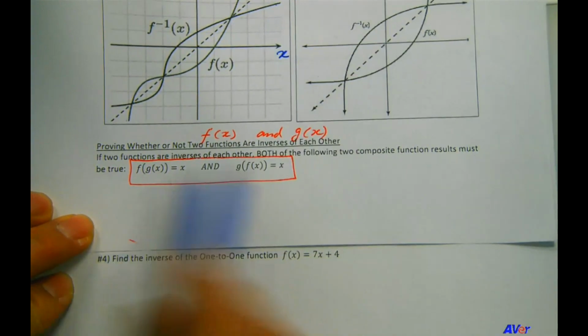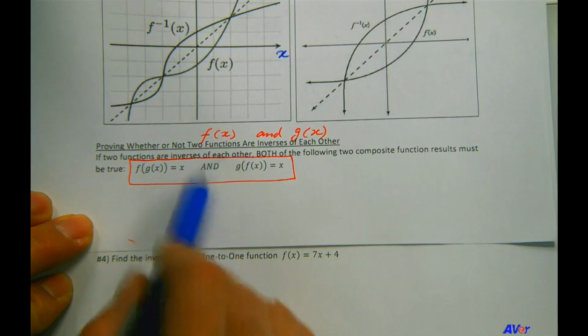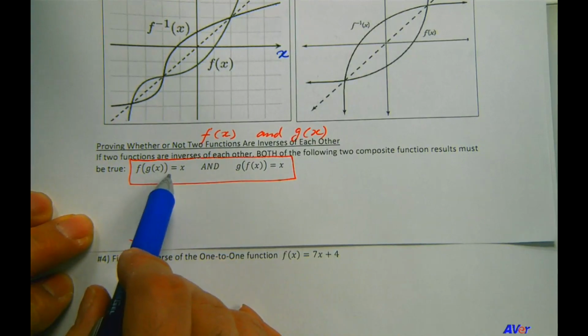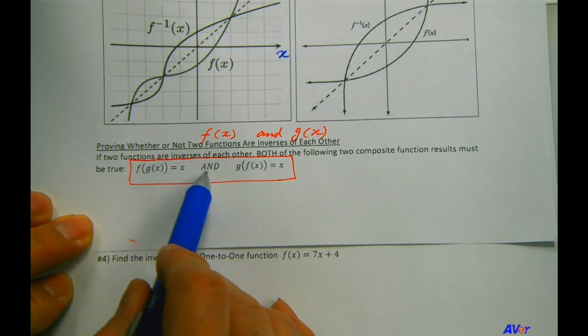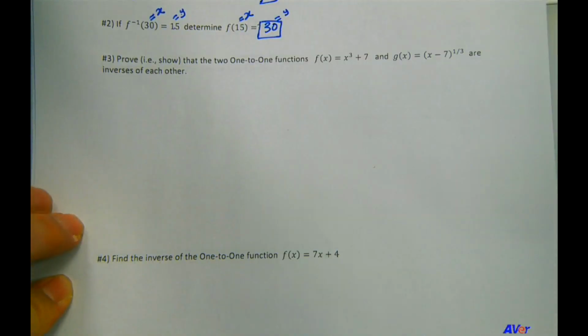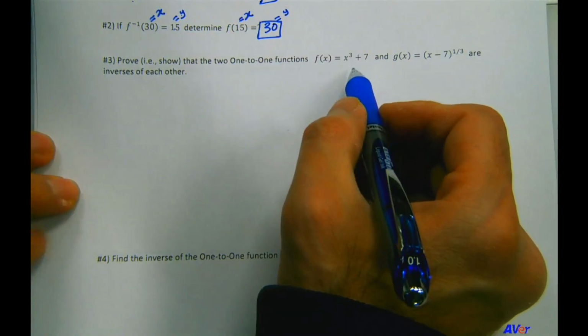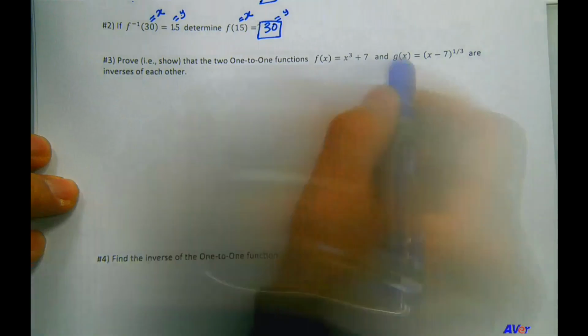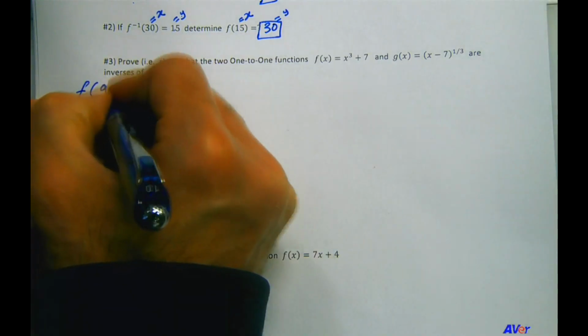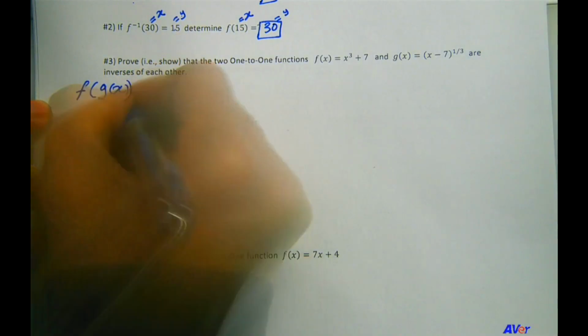If we got x in both cases, and not just in one case, then the two functions are inverses of each other. So let's see if we have that here. I'm going to calculate the composition of f and g.